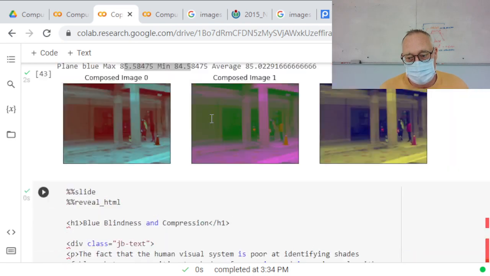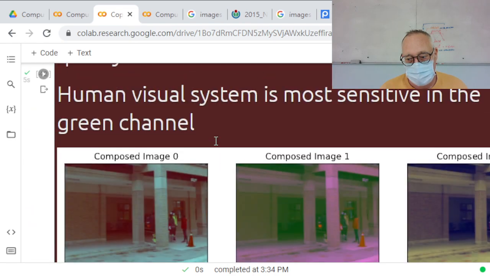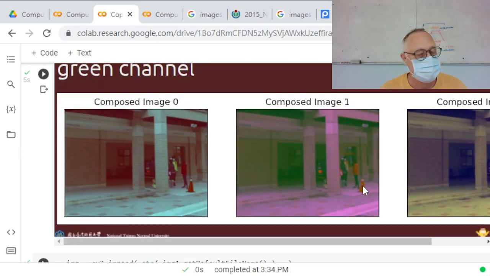Now, if we want to detect a shape, like the cone here, okay, let's have a look at that particular problem.